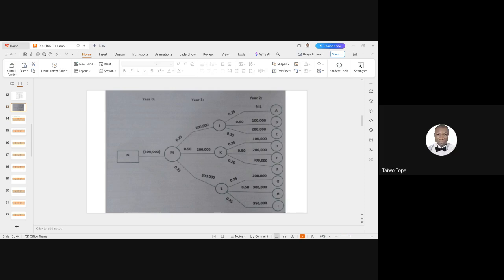For C, it will be what? Your NPV, 43,900 multiplied by 0.25. 10,975 negative. So what will be your combined NPV based on these three?